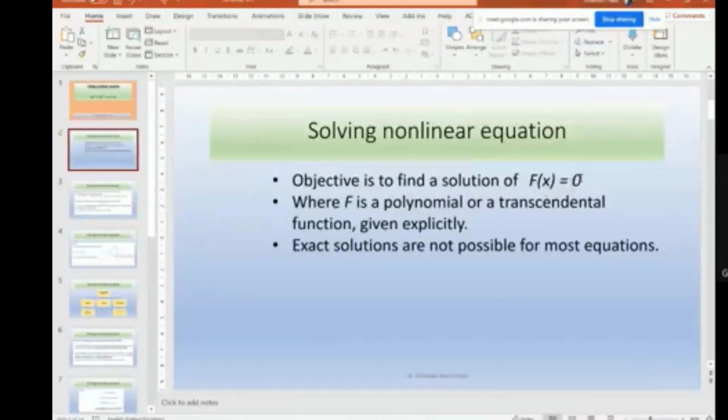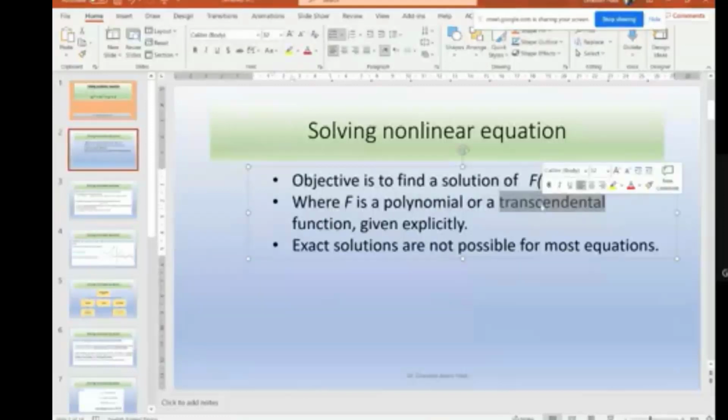We talked about that: if we want to solve an equation, we make f of x or y equal 0. Where f is a polynomial or transcendental function, we will talk about this now, given explicitly. Exact solutions are not possible for most equations.